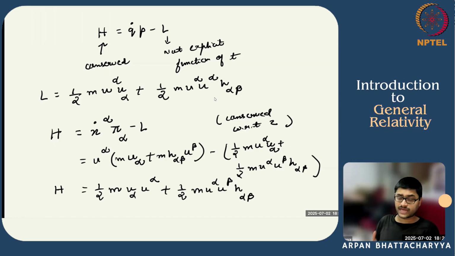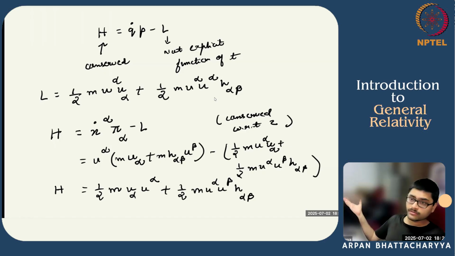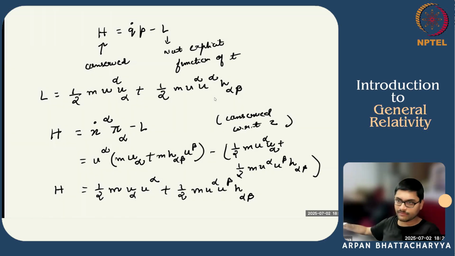Now, if this capital H is conserved, we can evaluate it even before the particle entered the gravitational field. It should not matter because it is conserved. It will not change with respect to the proper time.